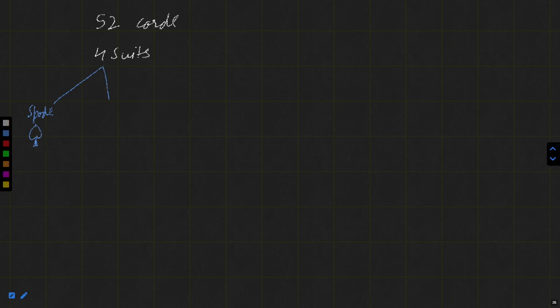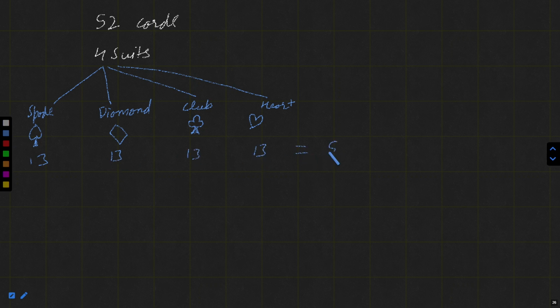Second is diamond, which looks like this. Third is club, which looks like this. And fourth is heart, which looks like this. Each of them has 13 cards, so 13, 13, 13, 13, which in total gives 52.